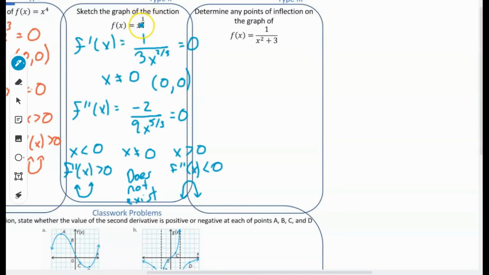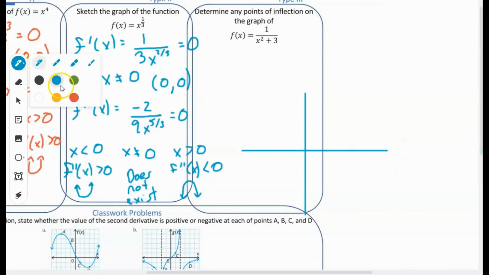If you plug in 0 to the original function, you get 0. So what does this look like when I draw it? Let's draw it with green. All right, so we have a concave up shape going to sort of an infinite slope for the tangent. So it's going to look like this.